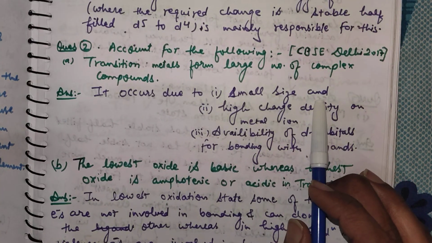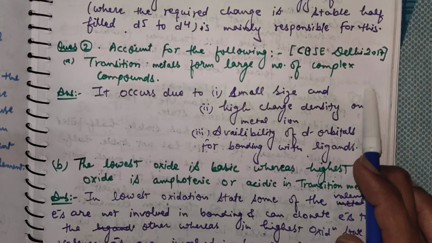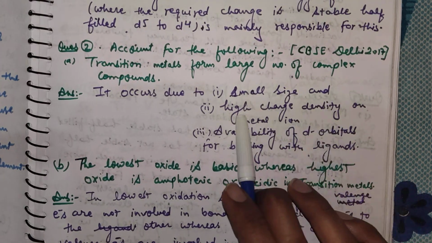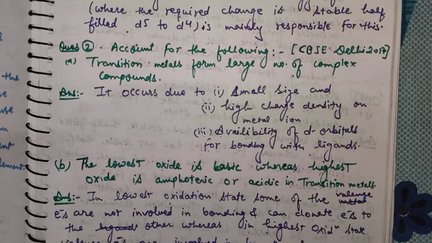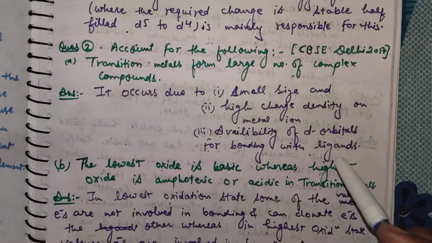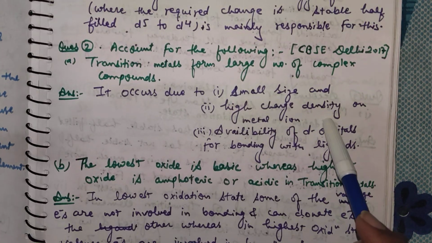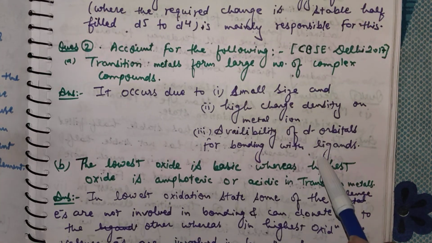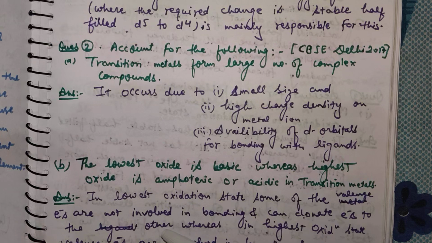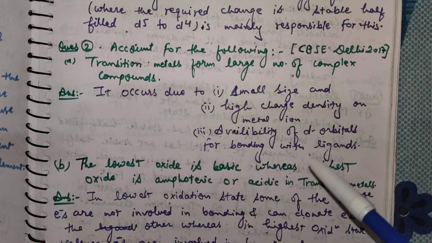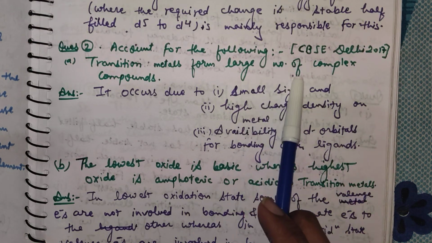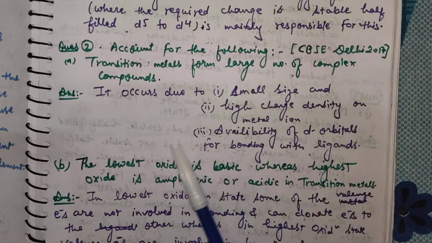Small size and high charge density on the metal ion, and availability of d orbitals for bonding with ligands. As I have shown by drawing the d orbital structure, they are available for bond formation with ligands. So this is the reason transition metals form a large number of complex compounds.